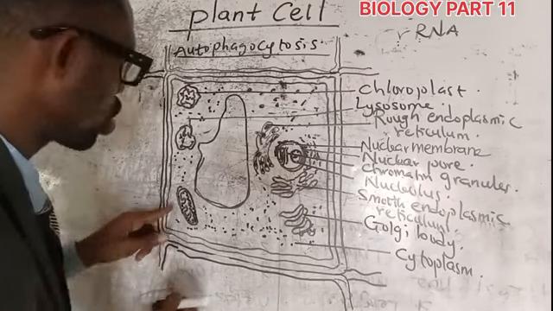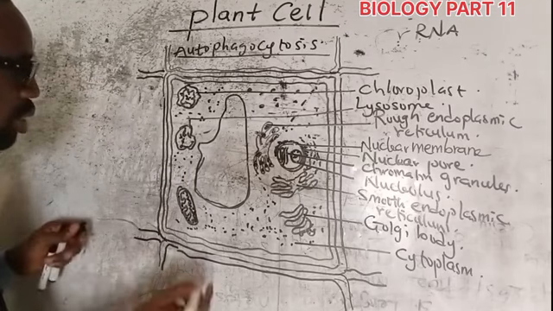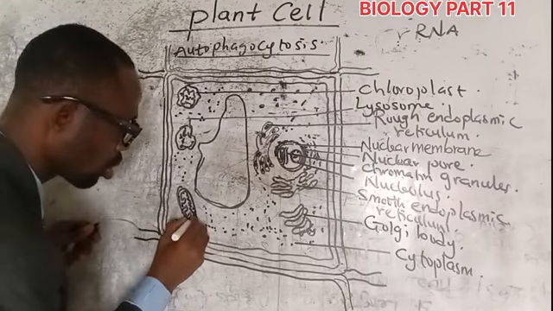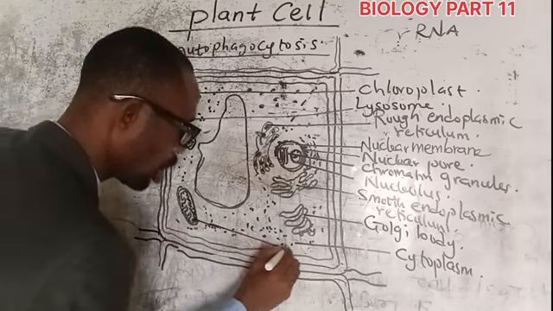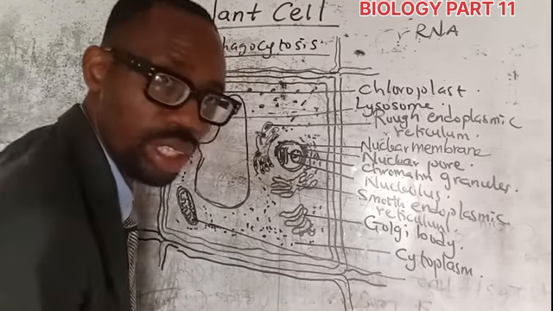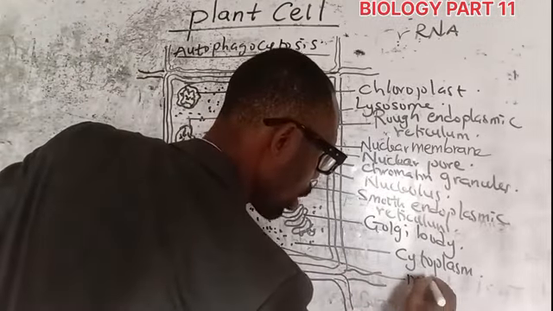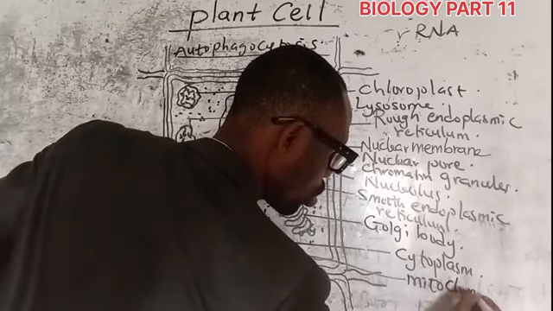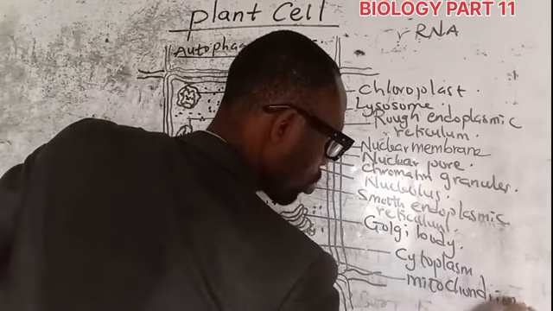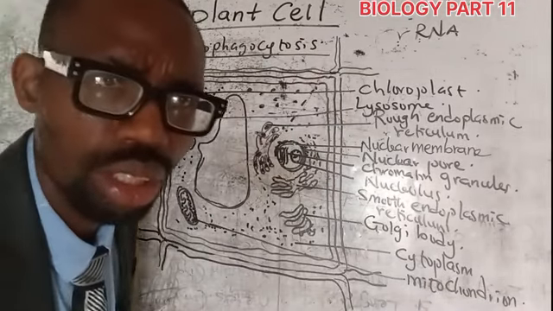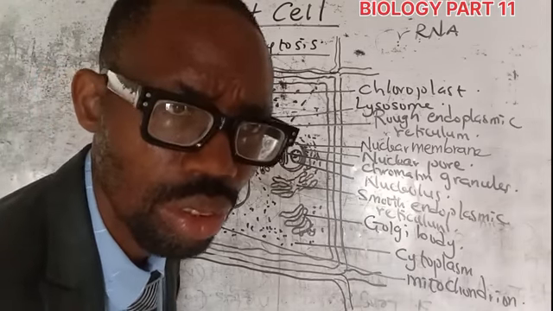Now, we have another structure here. This structure here is the powerhouse of the cell. We call it mitochondrion. Can you see it now? Okay, you can.